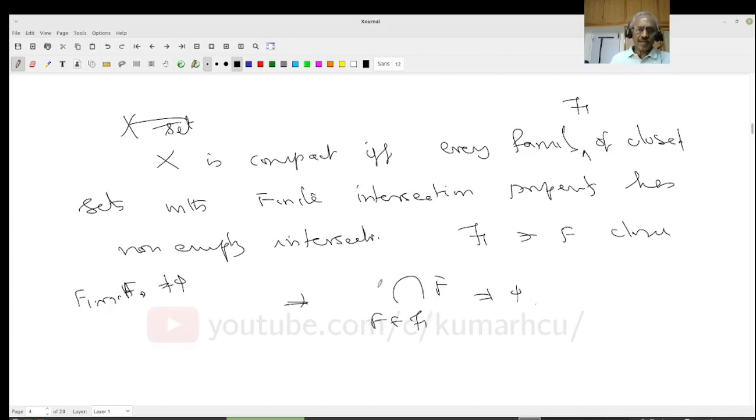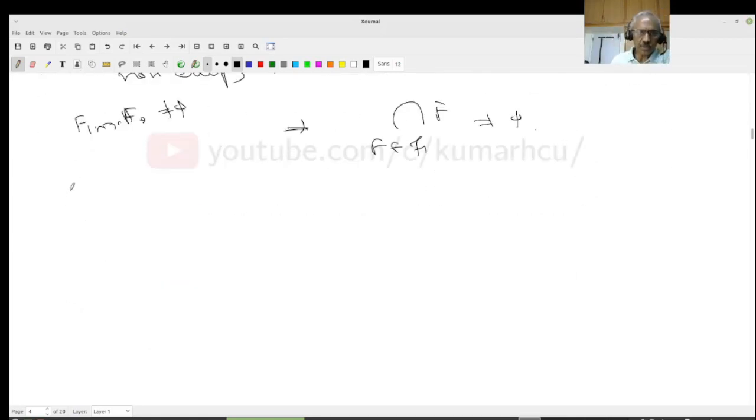Again, I am not going to give this proof because it has been seen in the discussion of compactness. It is well known and also easy to prove. So this is what we want to prove. What we are going to do first is make some set theoretic observations.